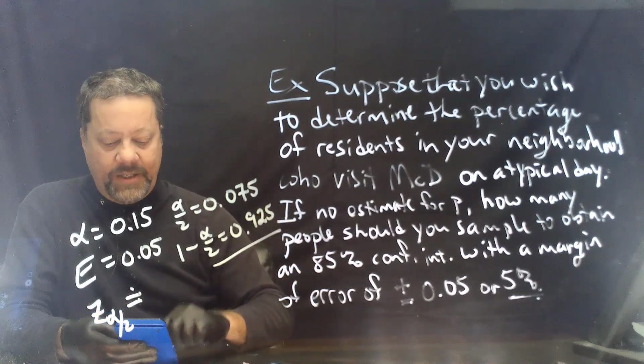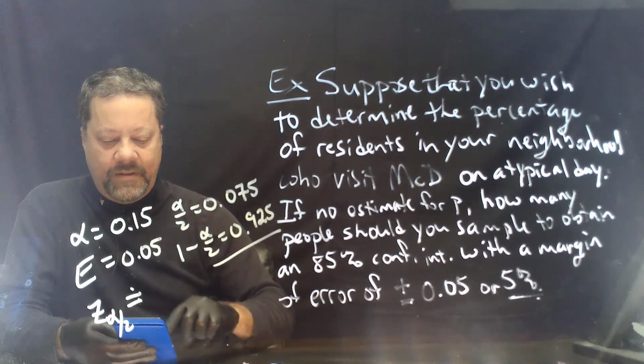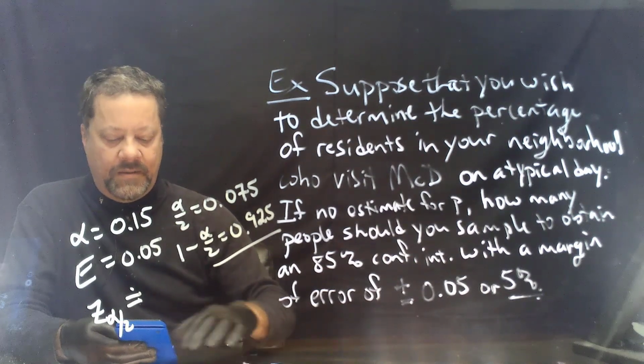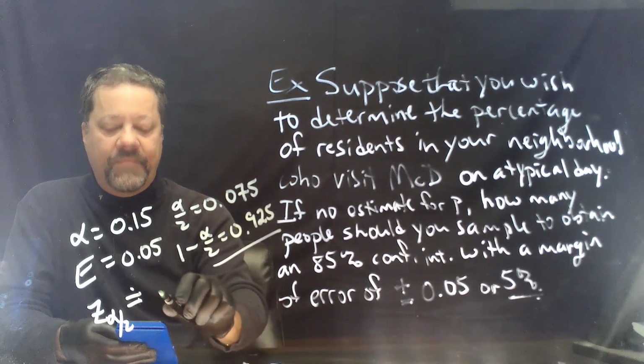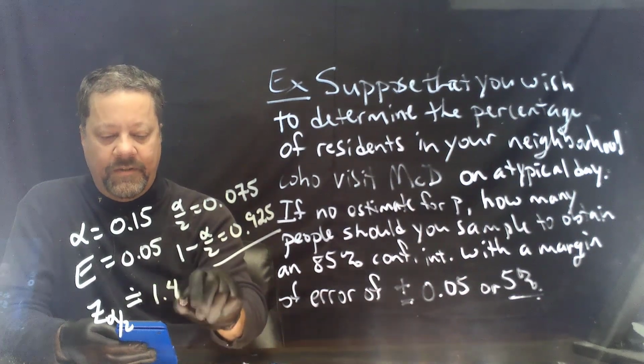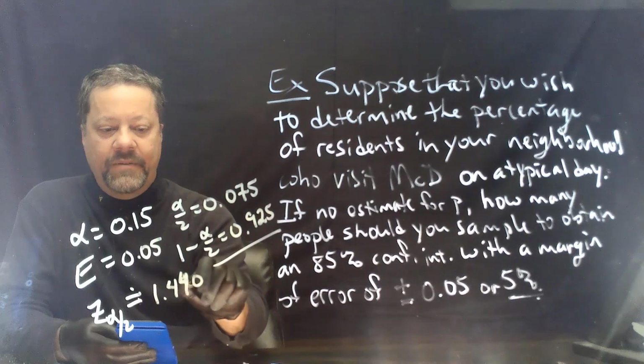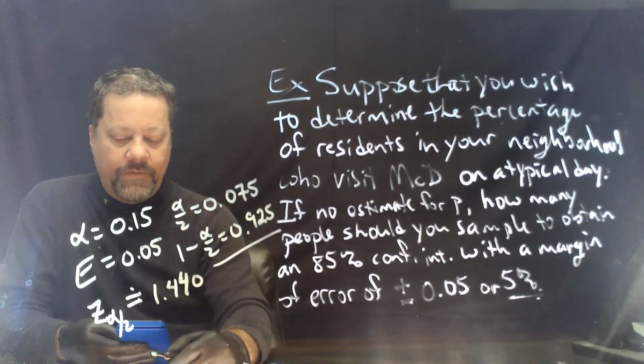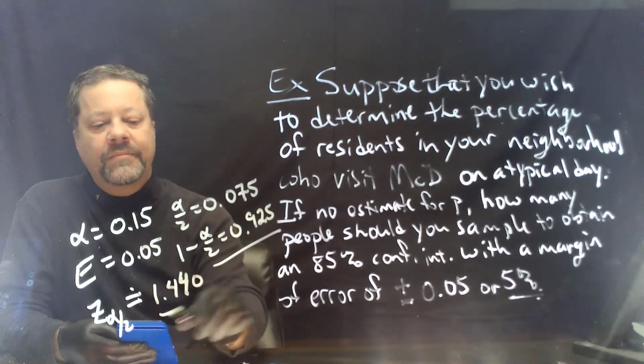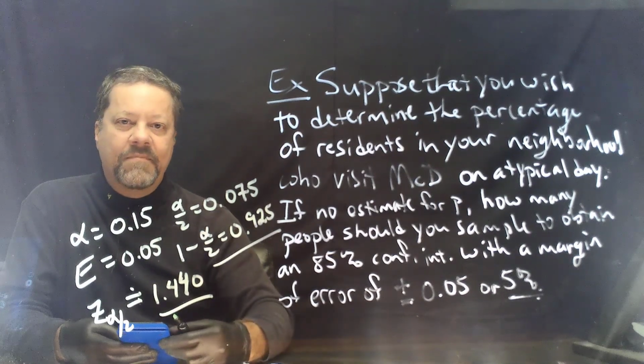So 0.925, and the critical z is 1.440. I'll round it here. 1.440 will be our critical z.